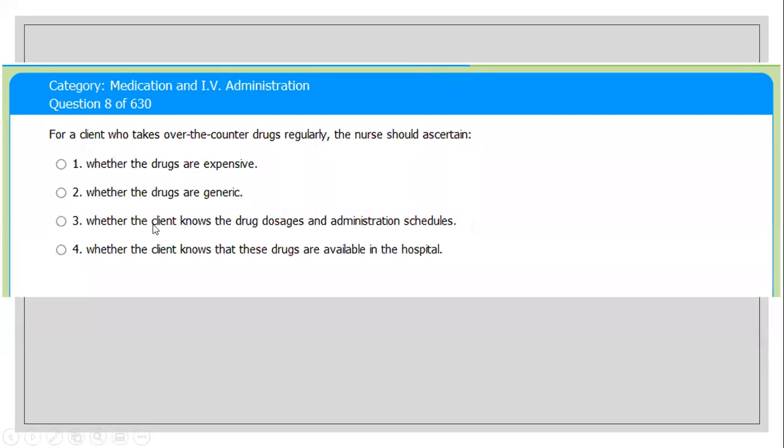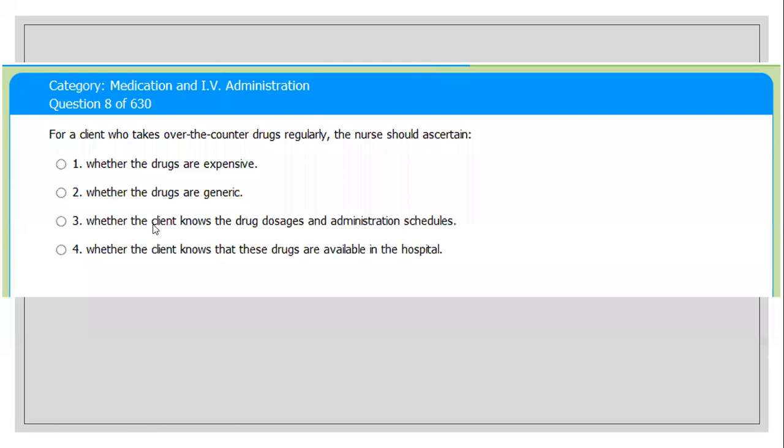Number 3, if my patient does not know about the correct dose, route, or administration schedule, and the client chooses a wrong dose, less than the accurate amount, this medication will not work.